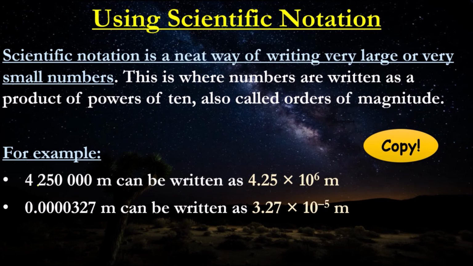If we look at this chart here, the value we have in scientific notation is 4.25 times 10 to the power of 6. This 6 here means we can move the decimal 6 positions to the right.